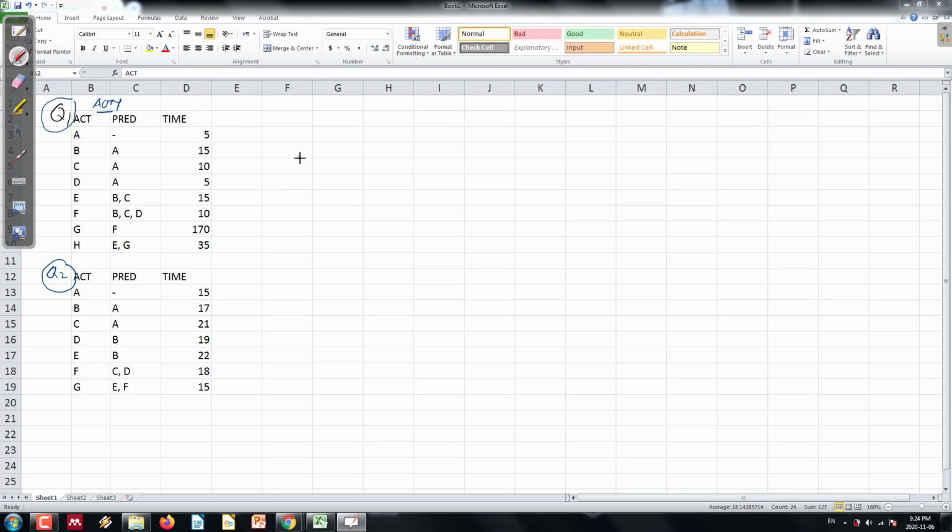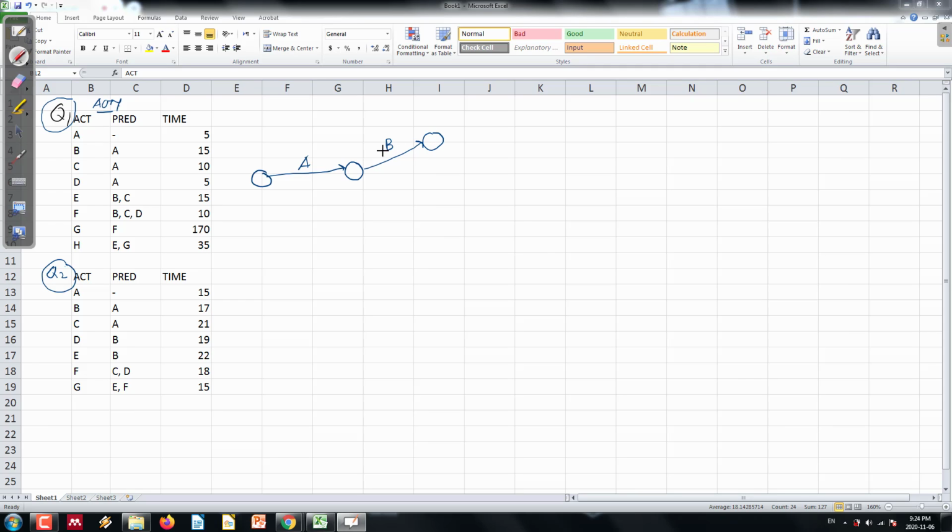So I have predecessor activity of A over here. The initial node number 1 will be here. This is node number 2. The predecessor of B is A, as for C as well. So this one I will divide into 2.